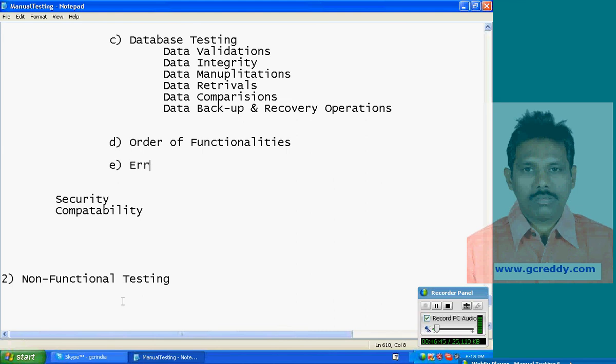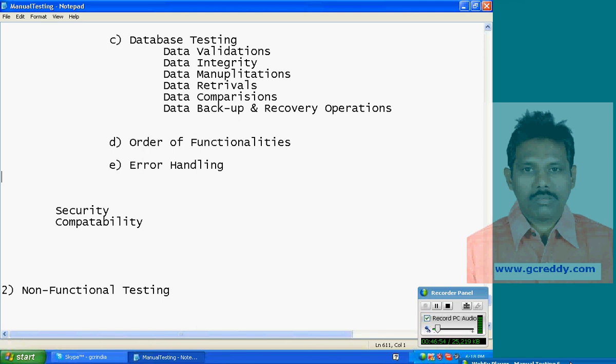Next one, error handling. What is error handling? Verifying how the system is handling user unauthorized operations.